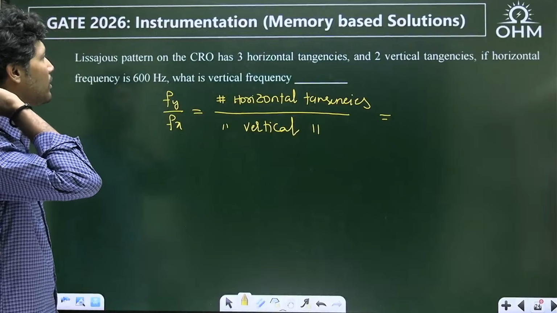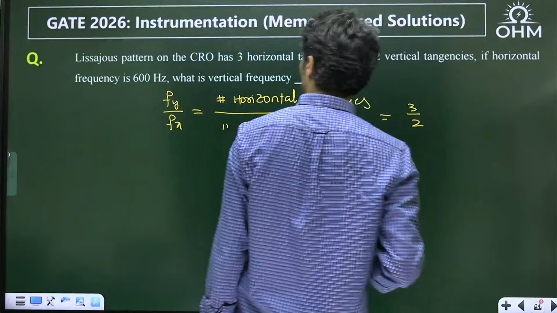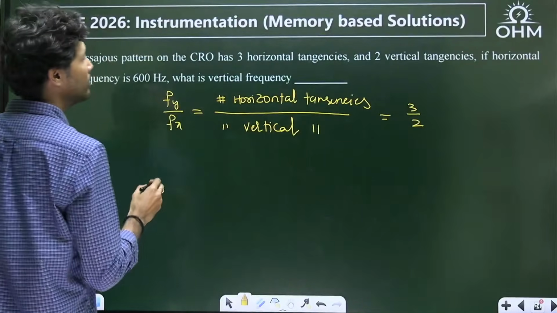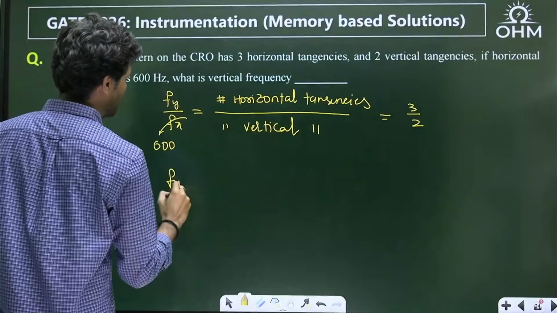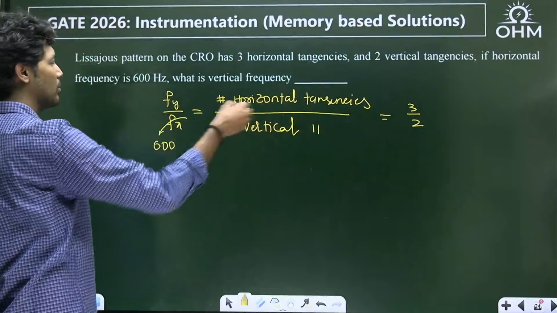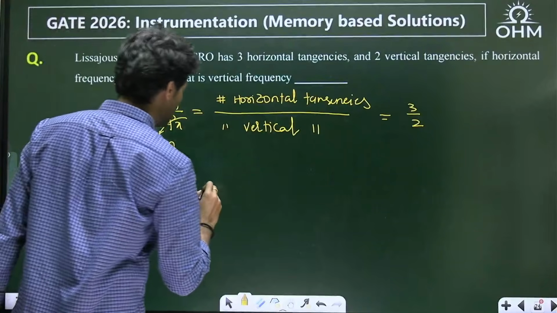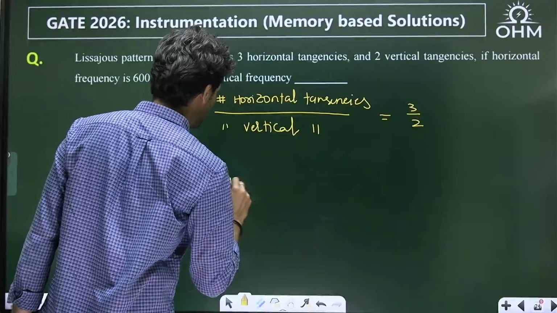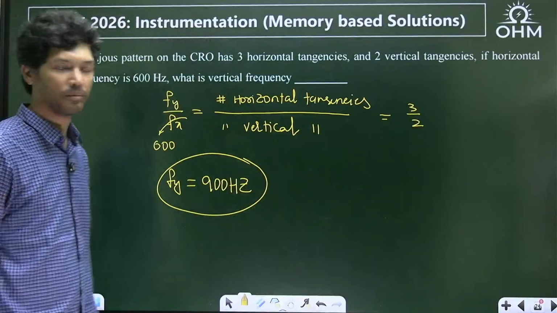Horizontal tangencies is 3, vertical is 2, and the frequency in the horizontal direction is given as 600. So Fy is equal to 3 by 2, which is 1.5 times 600. This becomes equal to 900. Okay, so this is what we have in this question.